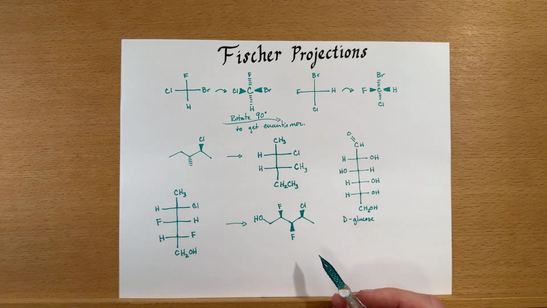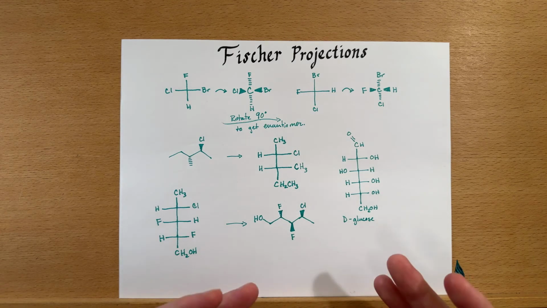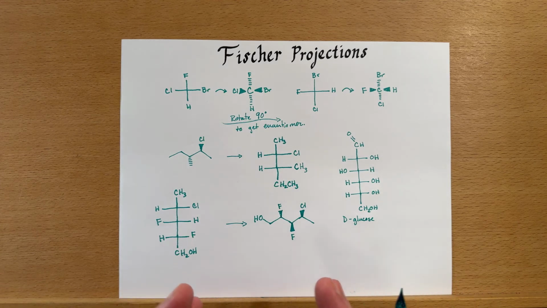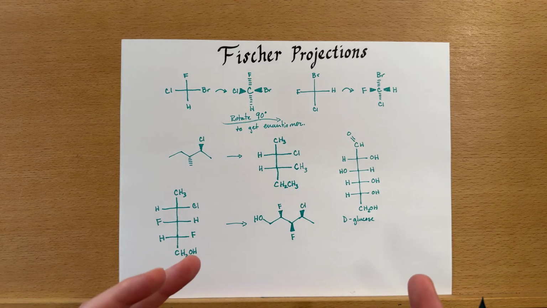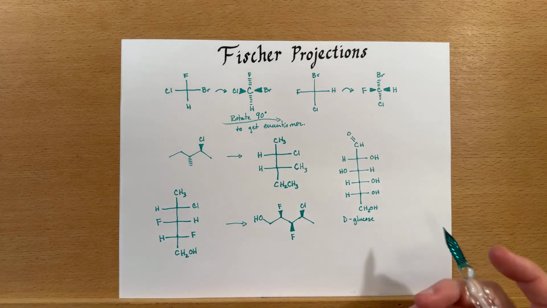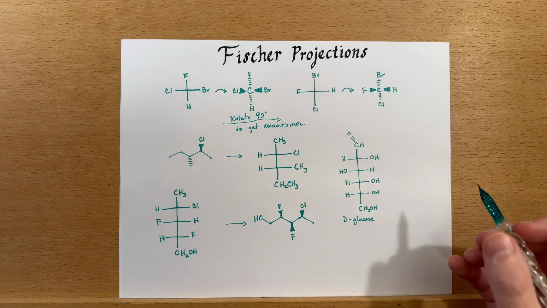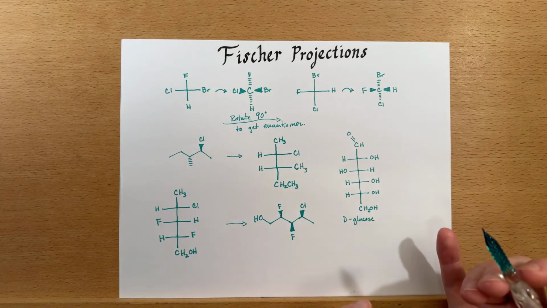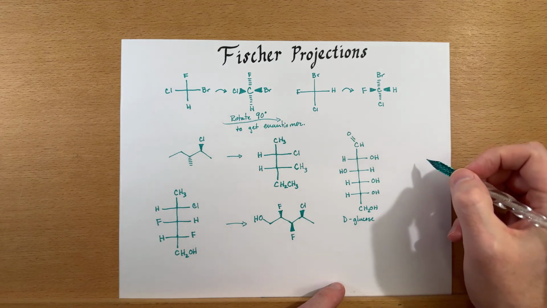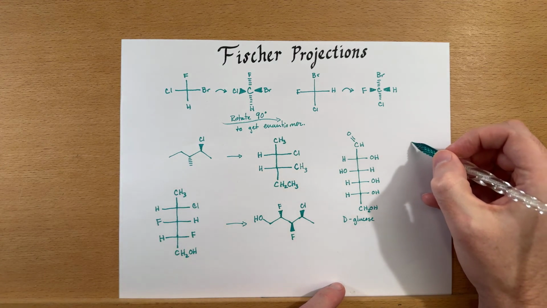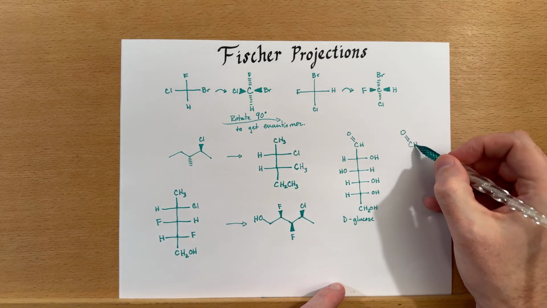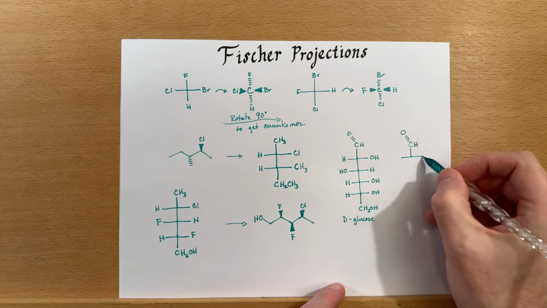Also, some sugars will tend to form rings, and then, do I draw it as a hexane ring, or, how do I want to do that? This is just another way. So let me draw the enantiomer of glucose, which is L-glucose, and I'll show you how this could be helpful, or maybe you'll see it as we continue on.